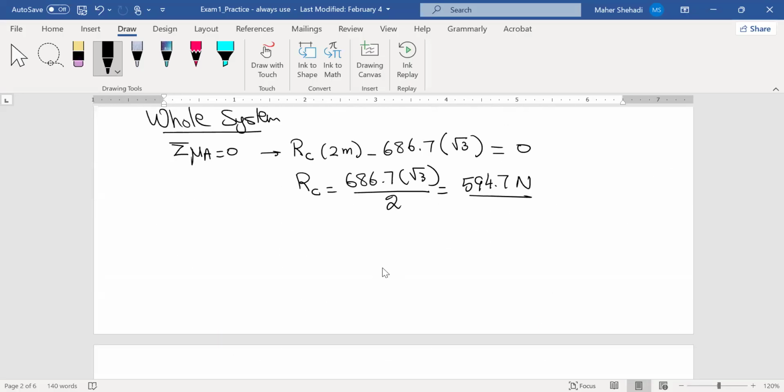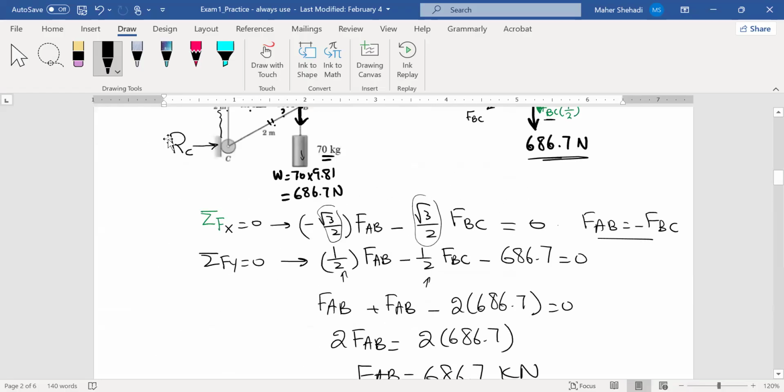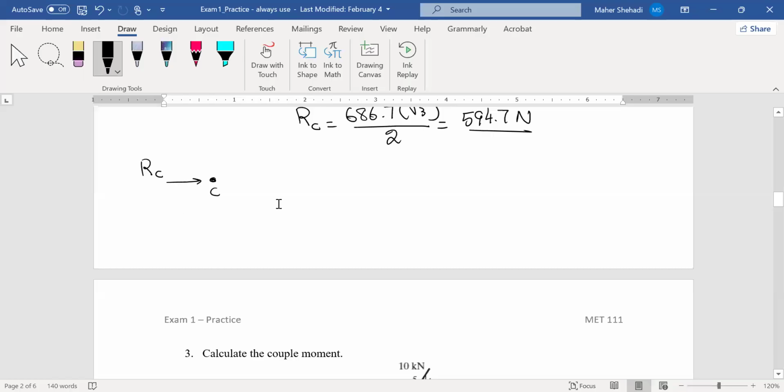So as we did up there, I'm going to take joint C. I have RC. We did say it's going to the right and we get a positive value, so make sure it's going to the right. The other force is FAC, that's the one we're trying to find.